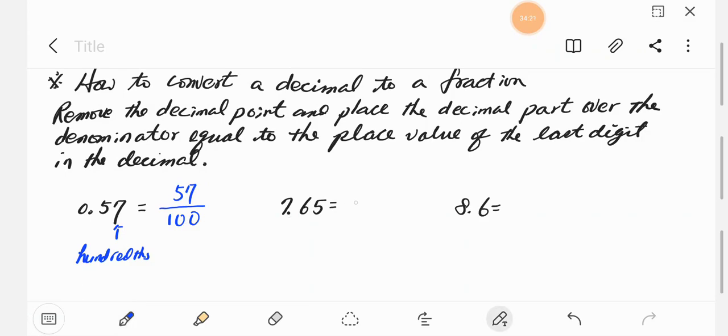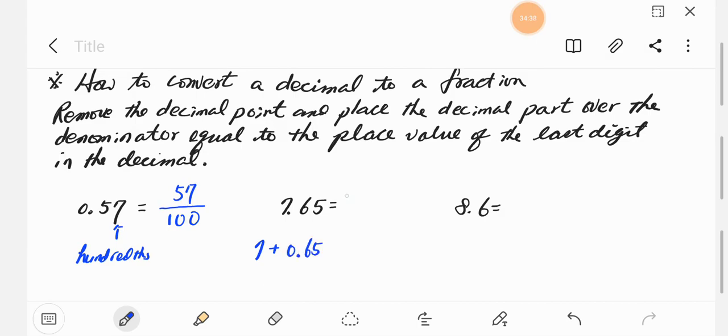Okay, how about this one? In this case, 7 point. 7 point means 7 plus 0.065, right?